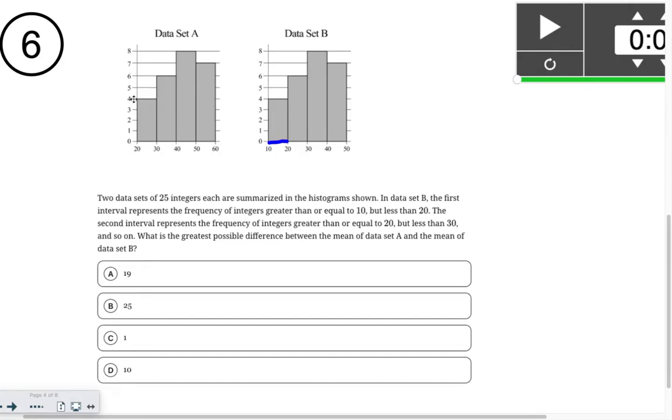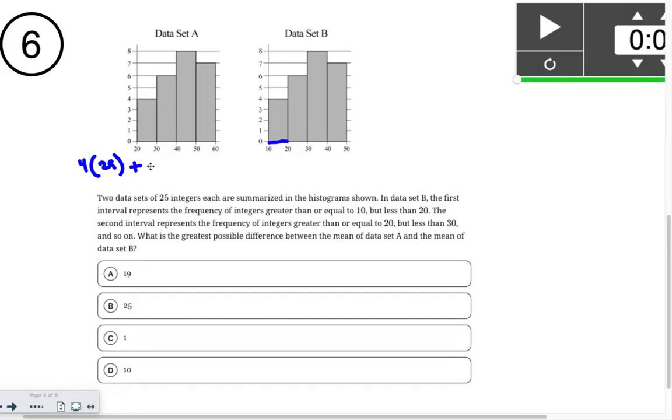So for data set A, I'm going to do 4 times 29, because I'm trying to make it the largest possible, and it can't be 30, so it's between 20 and 29. It's got to be an integer.